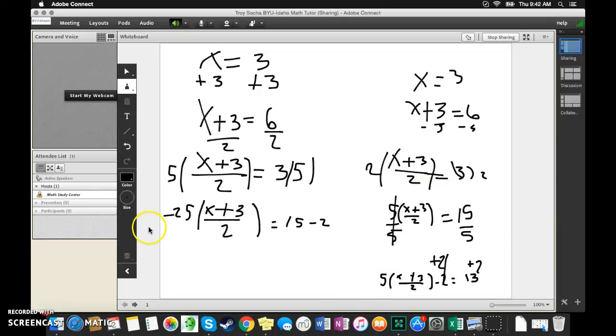But this looks really complicated. If we were just to give you a problem, 5 times x plus 3 over 2, if you were just to see this problem, you wouldn't know what steps they did to get there. And that's where we have to use the opposite of the order of operations.